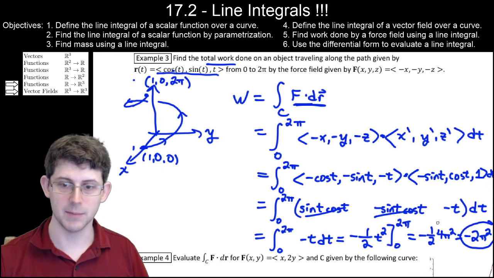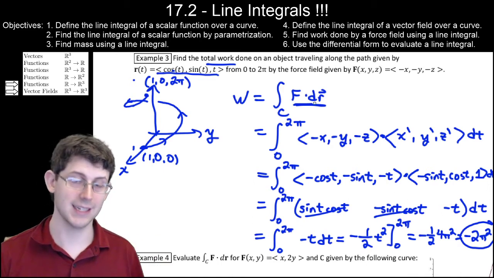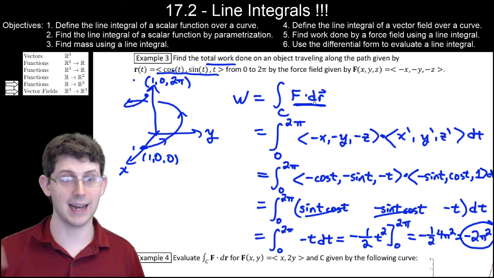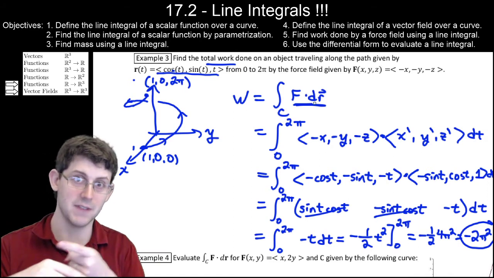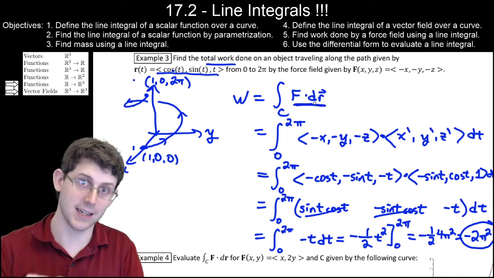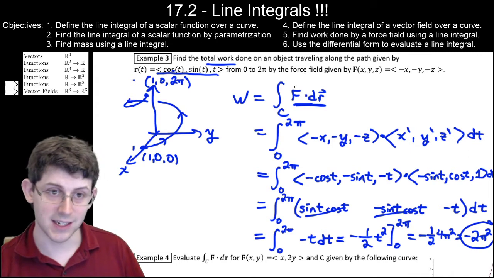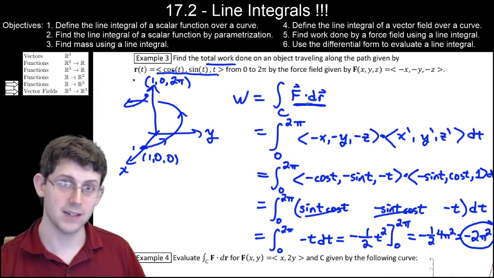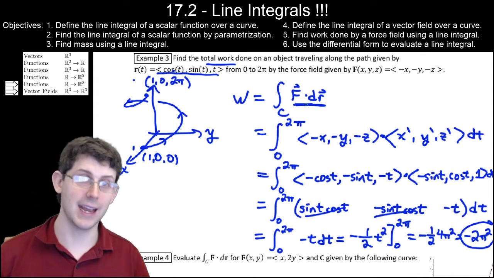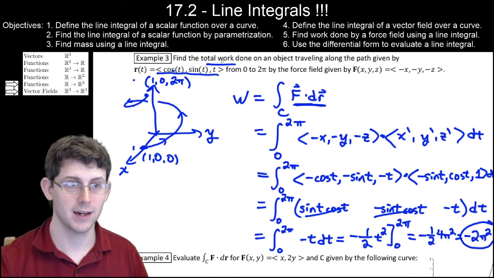So this outcome means that if you add up all the contributions, in total, the force was pointing opposed to the direction vector. So in total, the force is going against us as we walk along this path. Again, the reason for that is just that when you dot two vectors that are opposing each other, you get a negative number. So this means that the force is working against us.